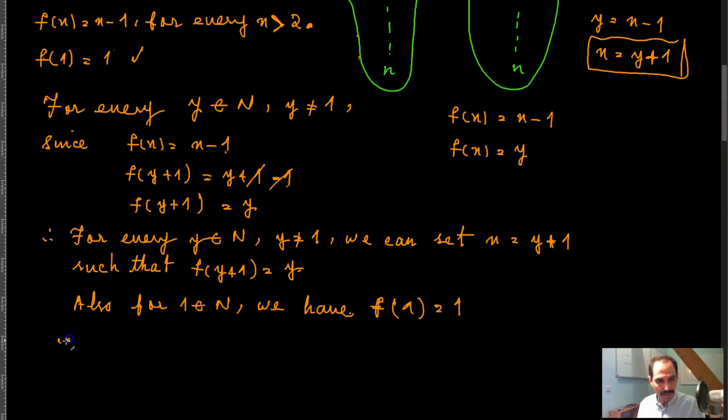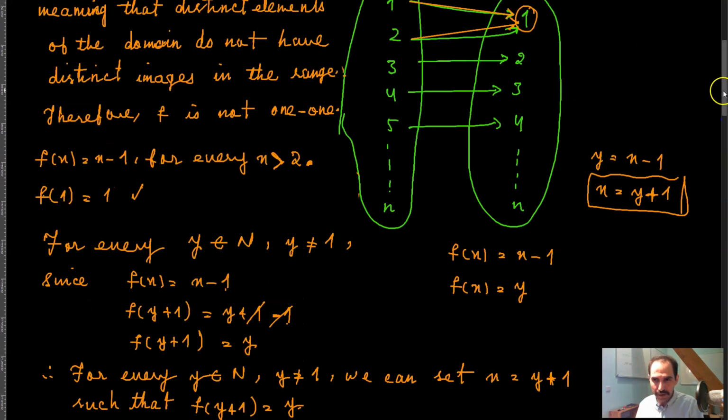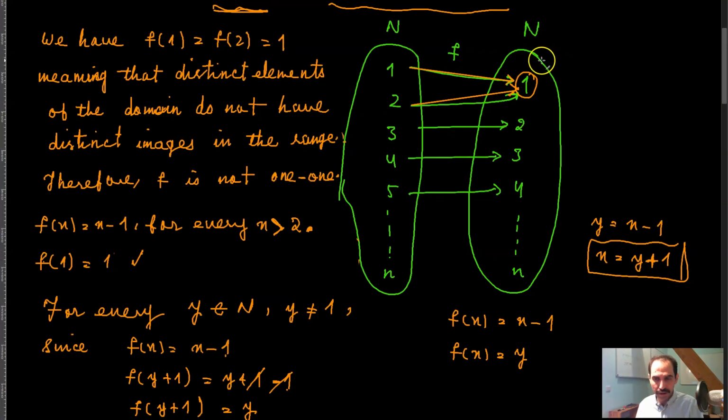And therefore f is onto, meaning that this way you can make sure that every element in the codomain of the function is the image of some element in the domain of the function.